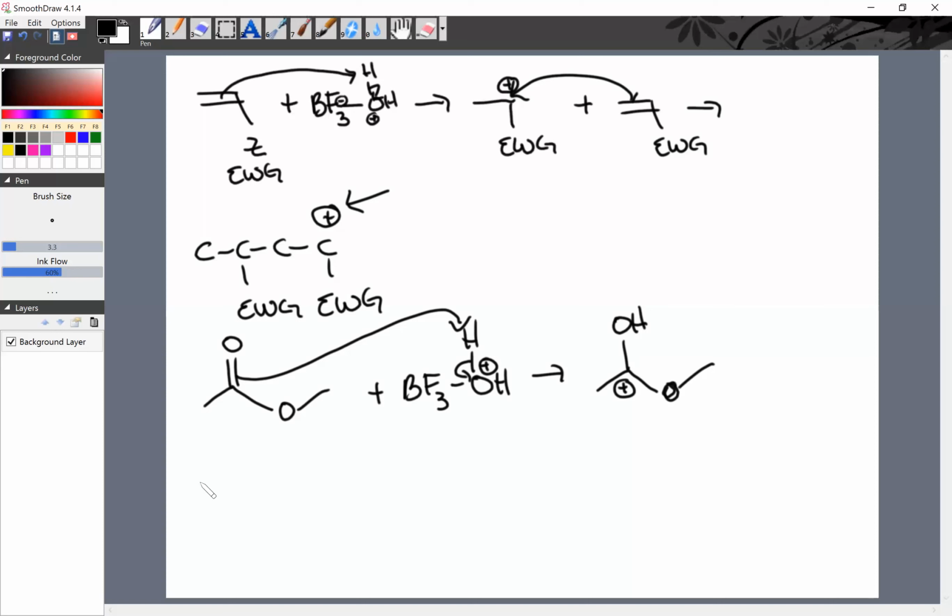Let me actually show you our substitution. Electron withdrawing groups. Let me see, ketone. Let's go carboxylic acid. Ester.